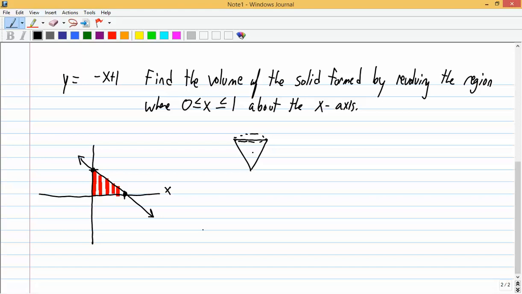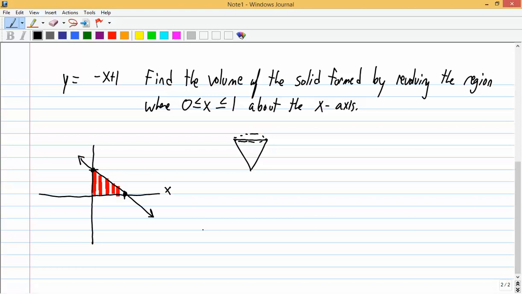Now since I form these rectangles and I revolve about this x-axis, it is solid. There's nothing that's missing. It's not going to have a hollow inside. It's going to be a solid figure.